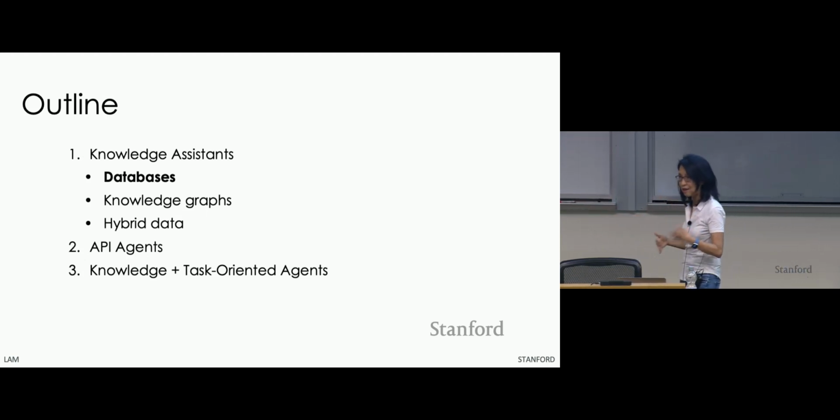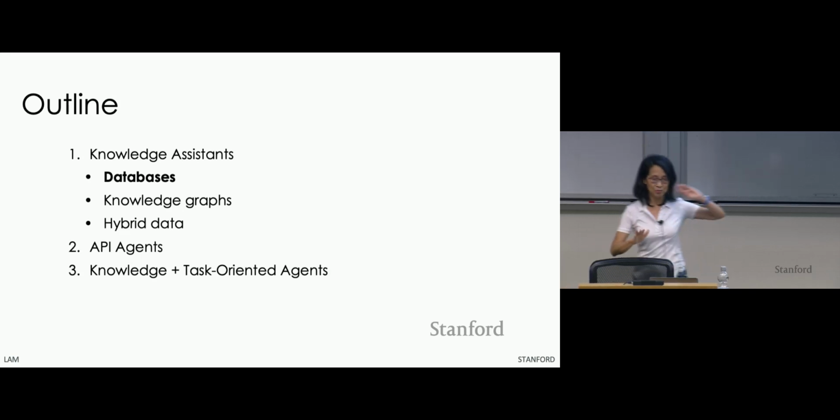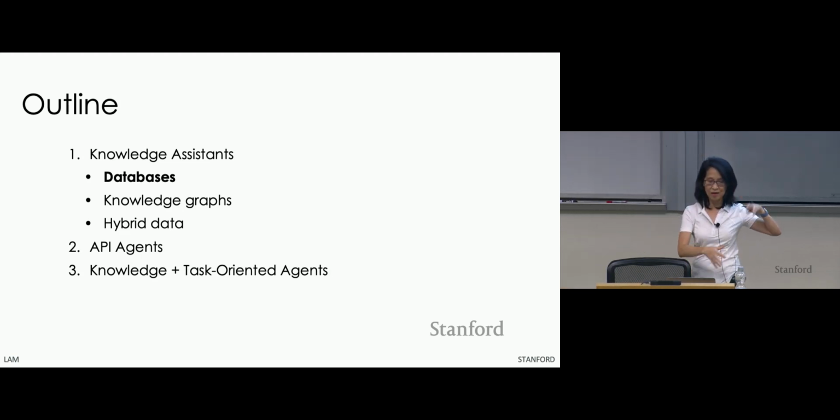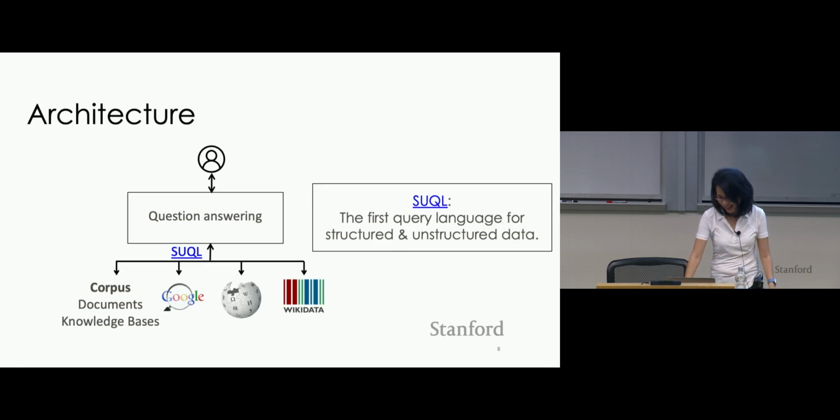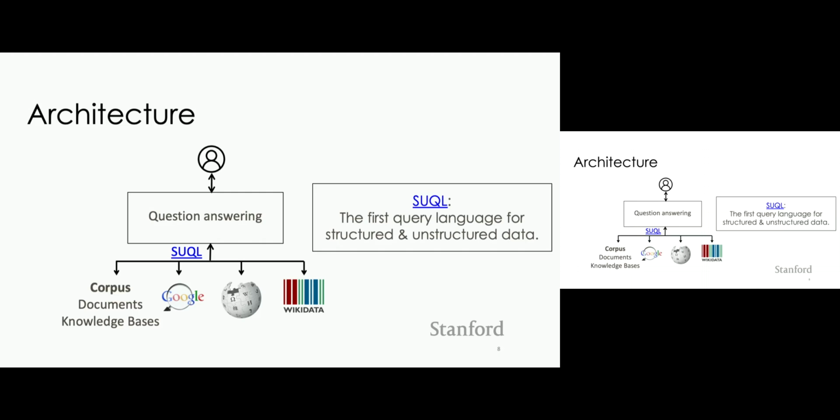So today, we're going to focus on the database side. So let's start with databases. And the architecture that we have is that you have information from the outside. We're not pulling out of the LLM memory, and it can be, you saw how Storm was using Google search.